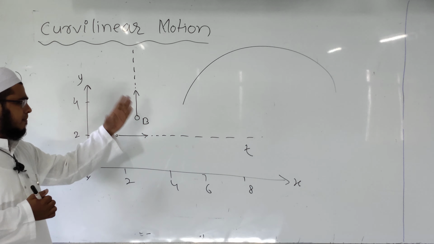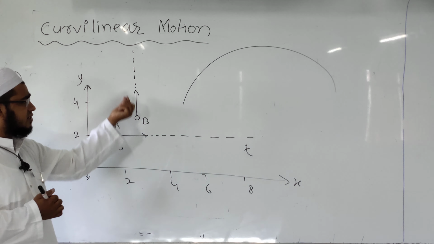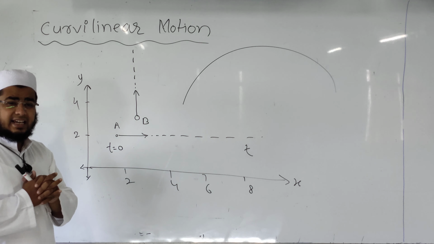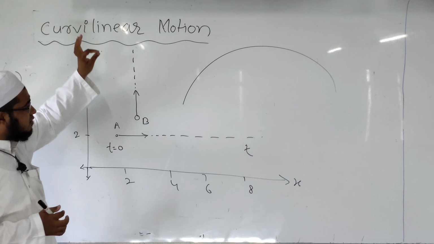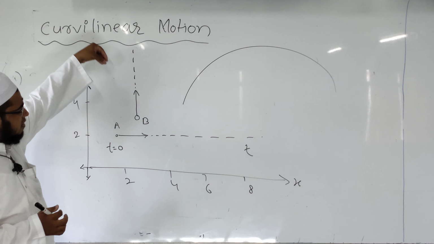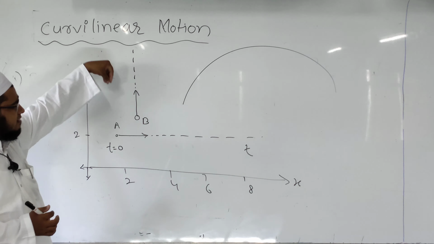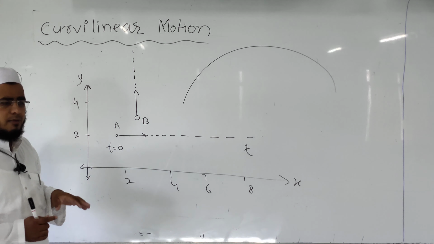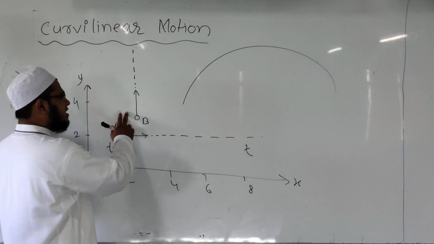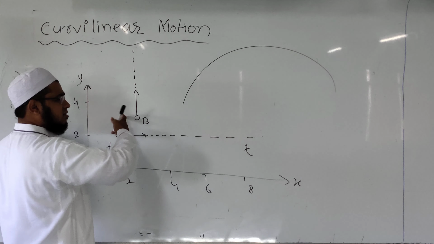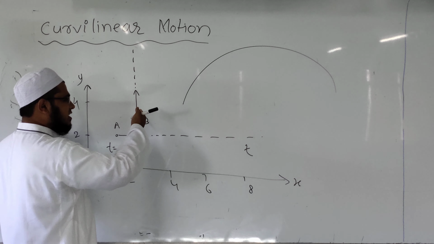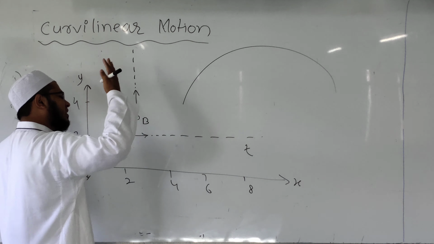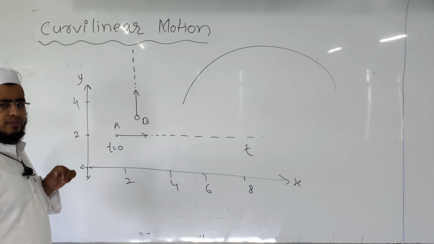In both cases, if displacement is in the y direction, already we have seen the motion under gravity. In that we are considering only movement along the vertical direction. So acceleration becomes acceleration due to gravity. But this displacement is always in the vertical direction. Velocity is also in the vertical direction.